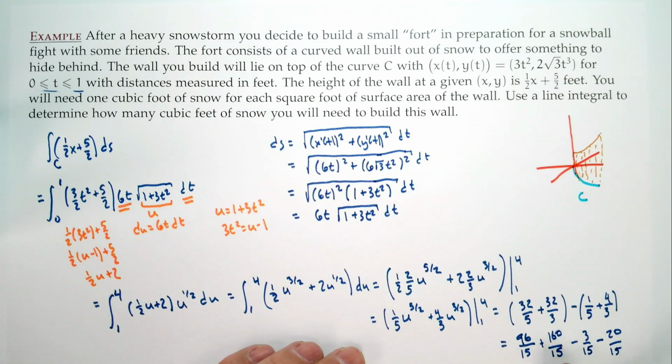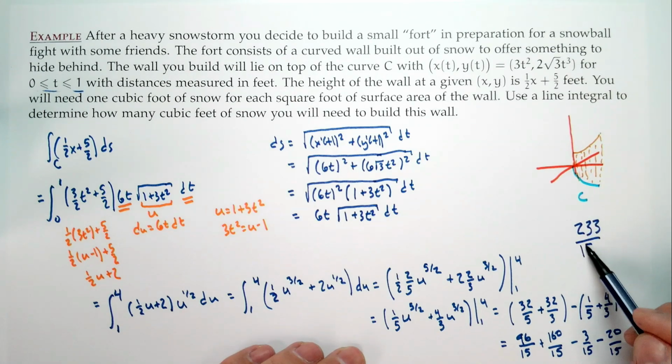Okay, 96 plus 160 is 256. Subtract 3, that's 253. Subtract 20 will give us 233 divided by 15. And that is how many cubic feet we need.